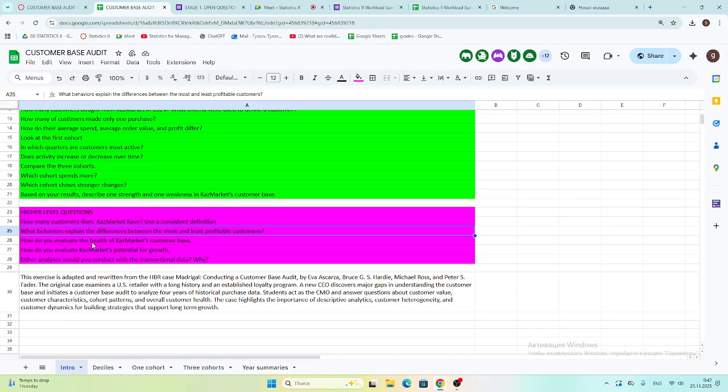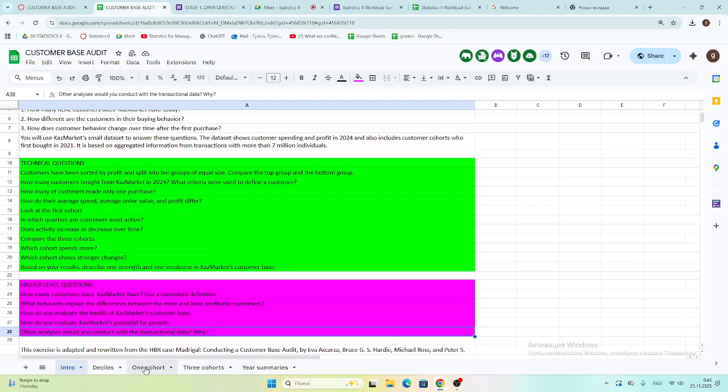Then evaluate the health. Health is people keep coming back and keep spending a reasonable amount, right? And then evaluate potential for growth. And maybe suggest other tools to analyze the company.